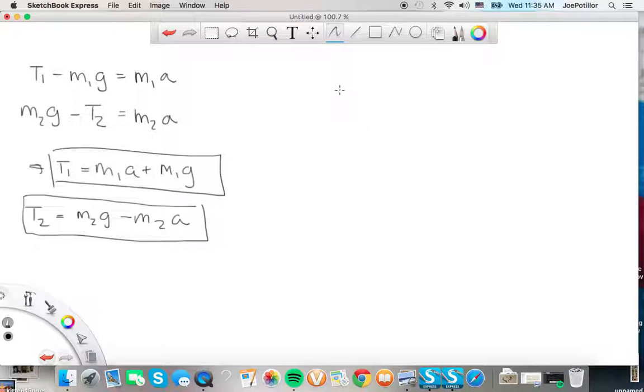Now we have to set up the sum of torques in this situation. Okay. This is T1. And this is T2. D2, D1. Okay.